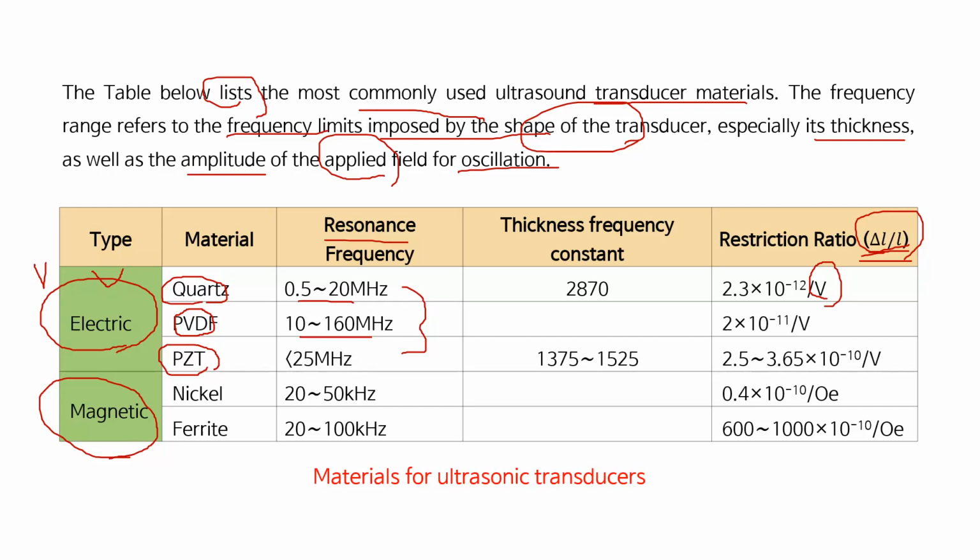For magnetic materials, we use nickel and ferrite, and the frequency range is kilohertz. In the electric materials we can have megahertz, but for magnetic materials we can only have ultrasonic sounds in the kilohertz range.